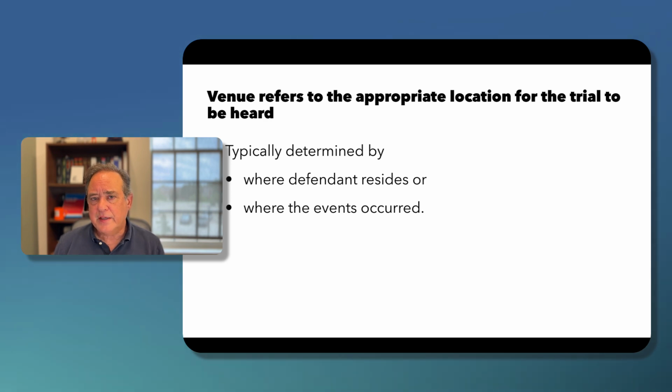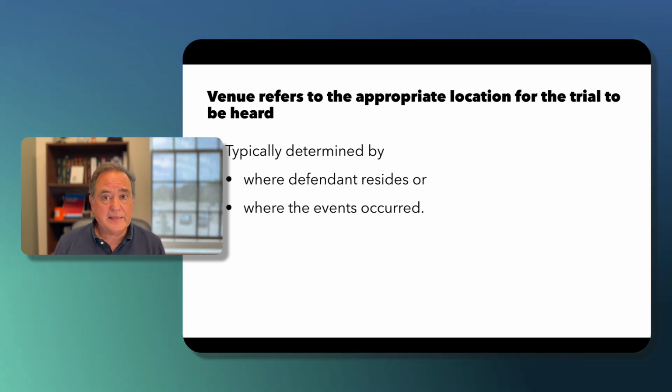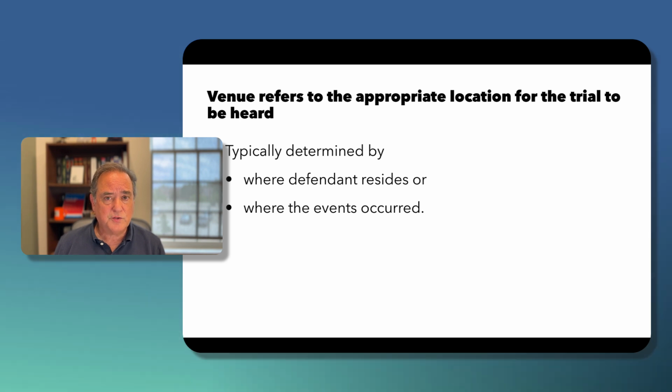Now, venue is also permissive, meaning even if one particular location is not the most appropriate location for the case to be heard, the parties can agree to have the case heard elsewhere.